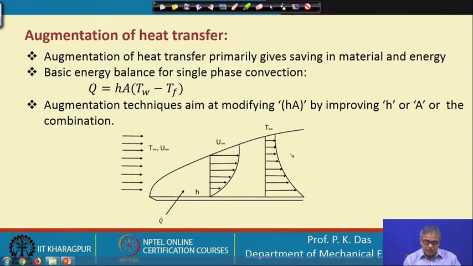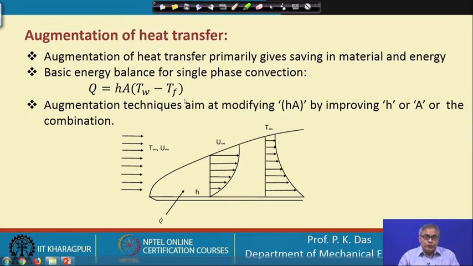On the solid surface there will be a velocity gradient due to formation of the boundary layer, and a temperature gradient due to the formation of the thermal boundary layer. Heat transfer will depend on the difference between T infinity, the temperature of the fluid outside the thermal boundary layer, and T_w, the temperature of the fluid on the surface. So, Q will be h A (T_w minus T_f).